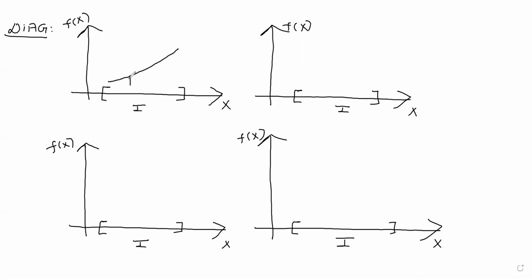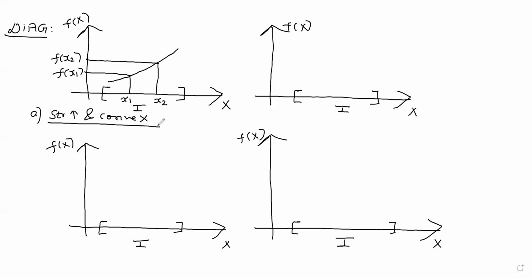If I take two values, x1 and x2, then x1 less than x2 implies f of x1 is strictly less than f of x2. So this diagram A is the case of strictly increasing and convex. You can clearly see that the graph is convex to the origin.